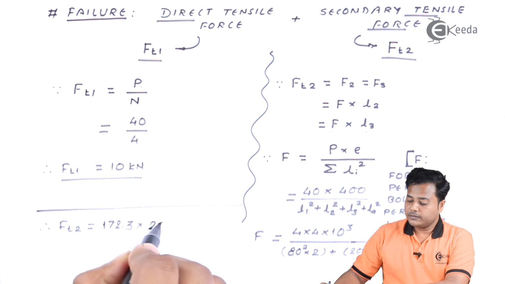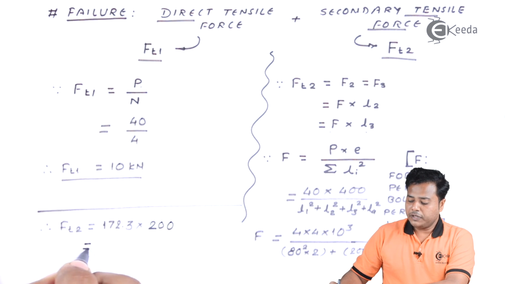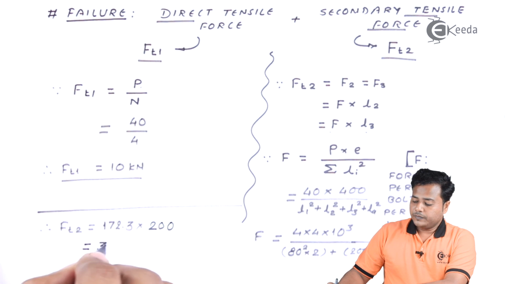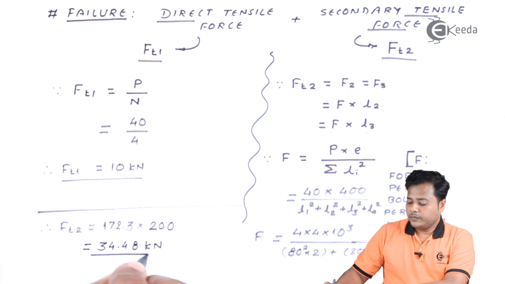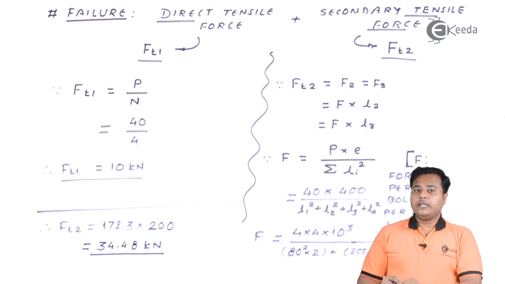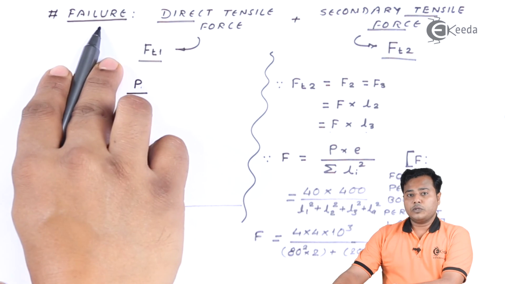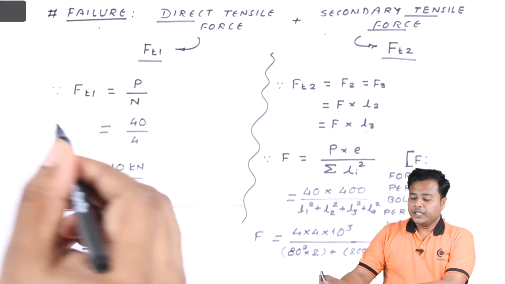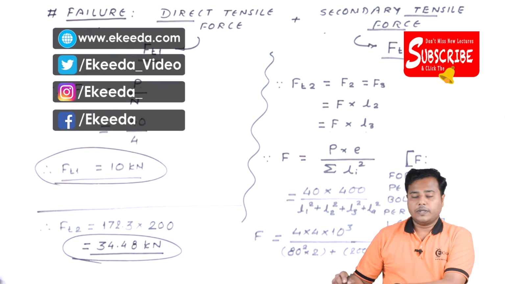As we solve this, we will get the answer somewhere around 34.48 kilonewton. That is how we have found both the values which are responsible for failure. The first one is the direct tensile force, the second one is the secondary. For the direct value we have got 10, and for the secondary value we have got this one.